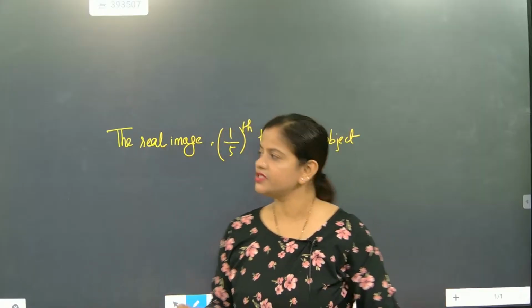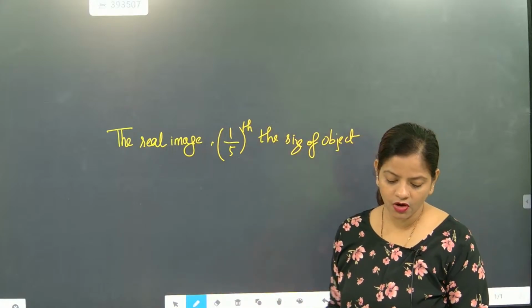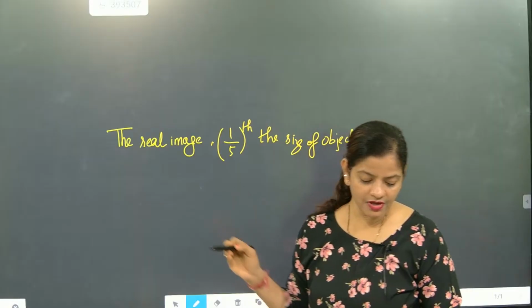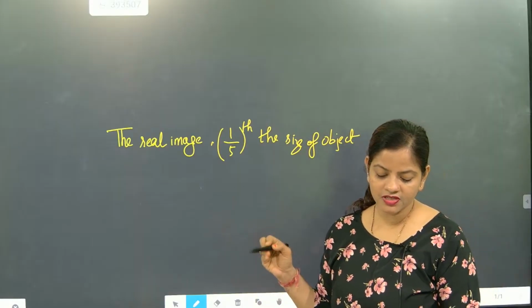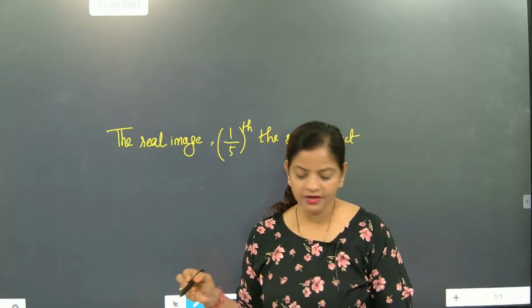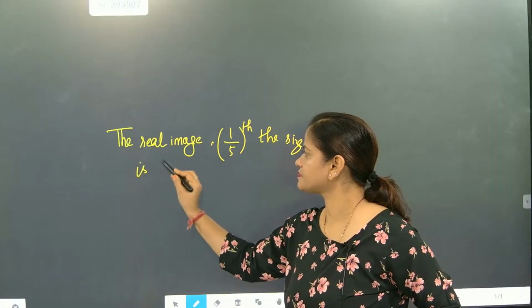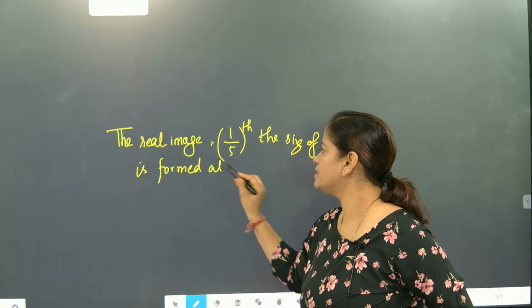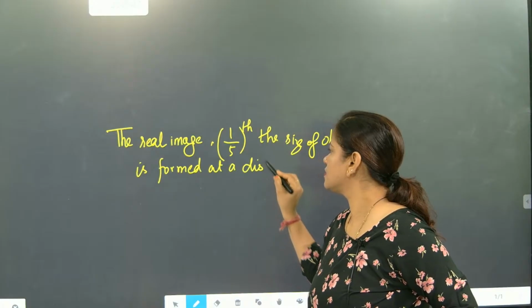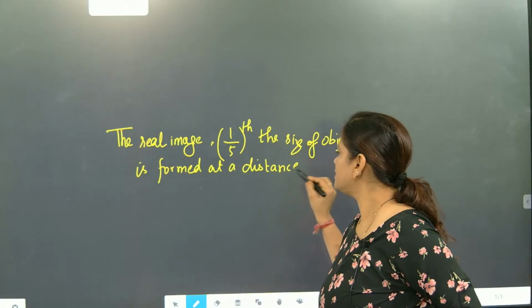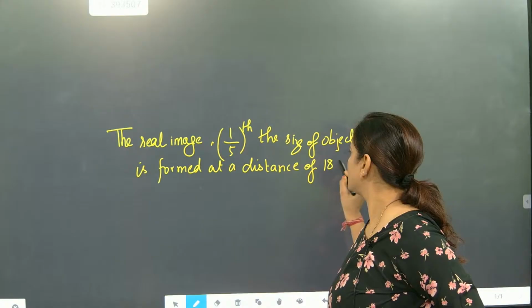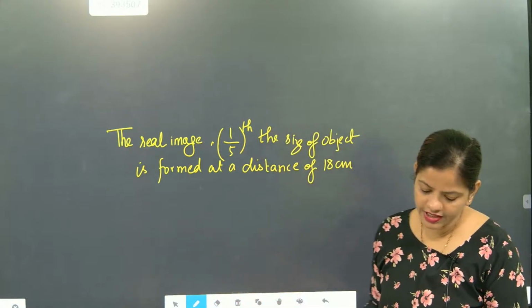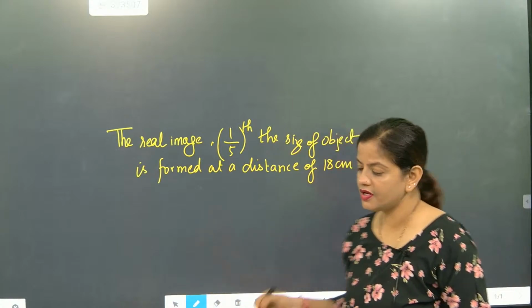The real image is 1 by 5th the size of object and is formed at a distance of 18 centimeter from a mirror.